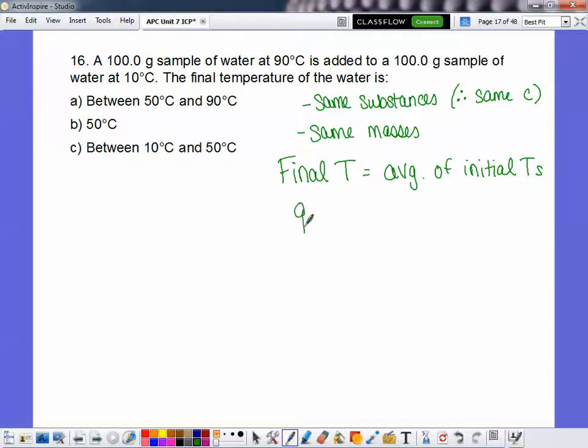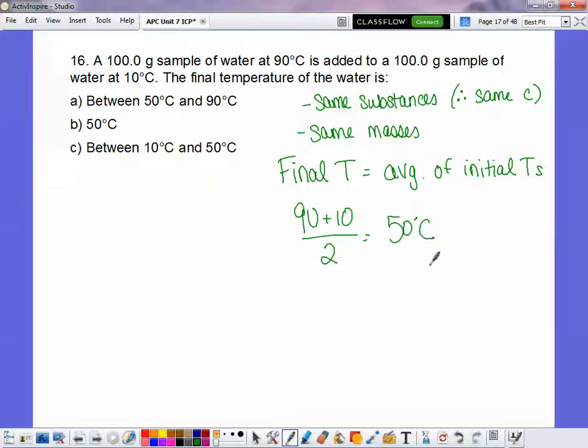Okay, so 90 plus 10 divided by 2 is 50. So therefore, our answer is letter choice B. These are great multiple choice questions because you can do them without a calculator. Or let me rephrase. You should be able to do that without a calculator.